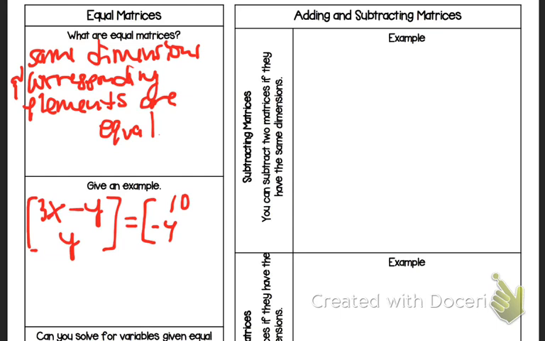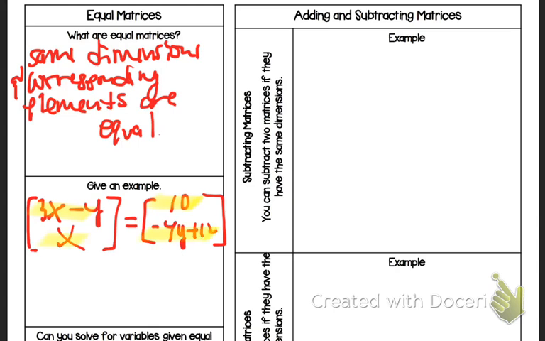Anyway, -4y plus 12. I'm actually going to change this to x over here. Okay, so these two matrices will be equal as long as the corresponding elements are equal. This is a 2-row by 1-column matrix, so this element has to be equal to this one. This element has to be equal to this one.